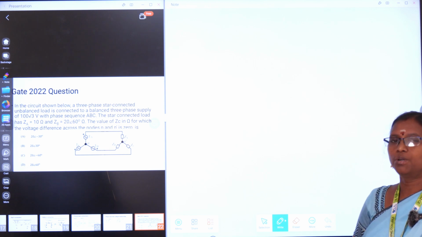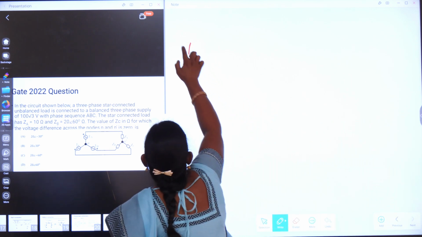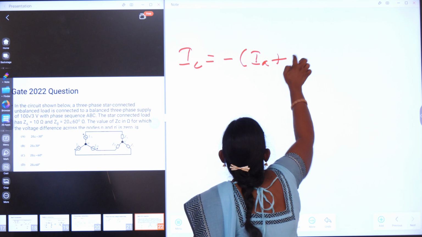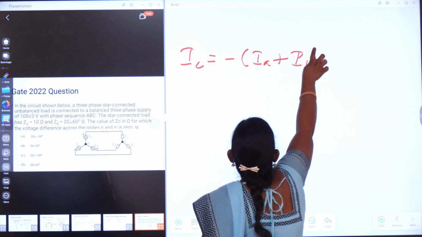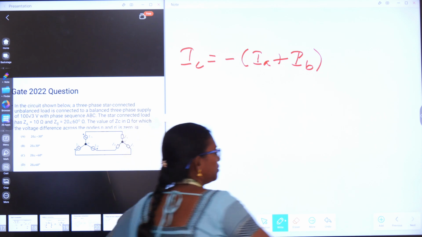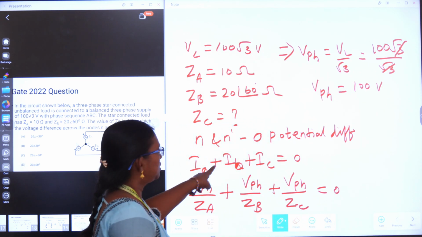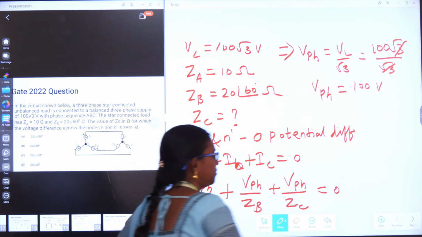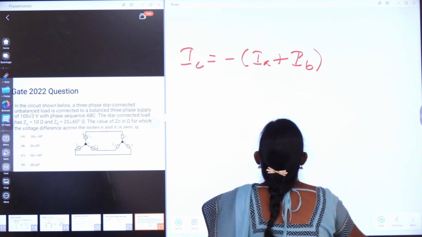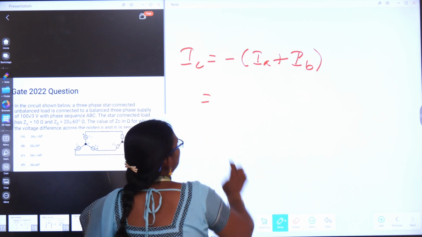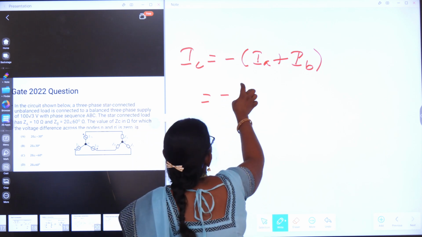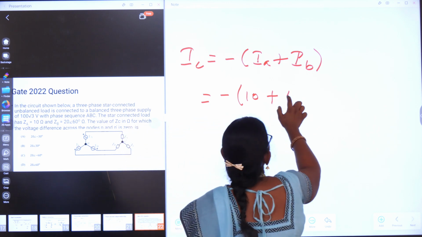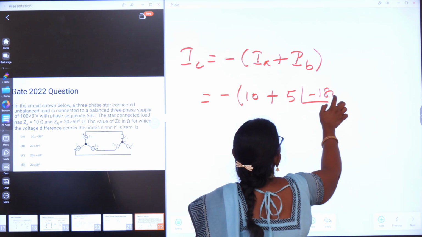Now we need to find IC. IC is minus of IA plus IB. This equation we get from IA plus IB plus IC equal to 0, so IC is equal to minus of IA plus IB. The value of IA we got is 10, so minus 10 plus IB, which we got as 5 angle minus 180.